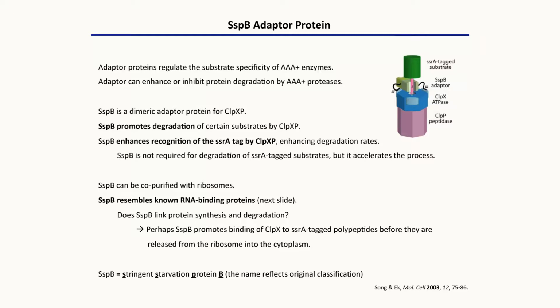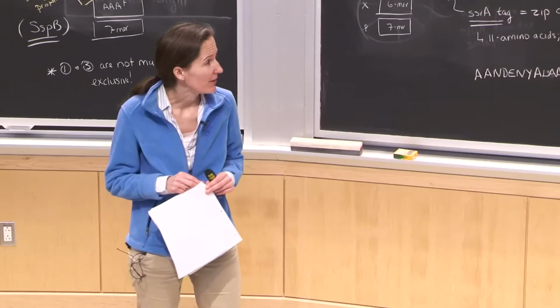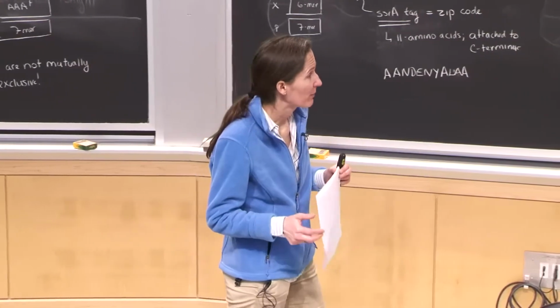So it's a case-by-case basis. This SSPB, shown in the cartoon here, is a dimeric adapter for ClpXP, and it promotes degradation of certain substrates. And effectively, it enhances recognition of this tag by the machinery such that the degradation rates are enhanced. So it's not that it's required, it's just helpful and accelerates the process.